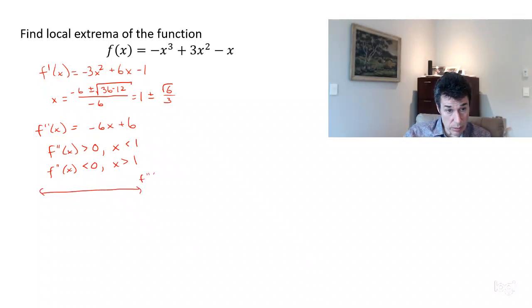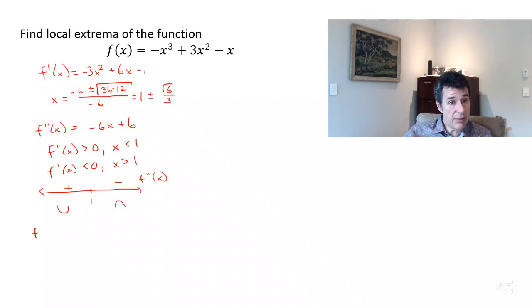So f double prime of x is 0 when x is 1, and then if we put a big positive number in, we get a negative sign, and if we put a big negative number in, we get a positive sign. So this derivative is positive when x is less than 1, negative when x is bigger than 1. That means positive is concave up, negative is concave down.